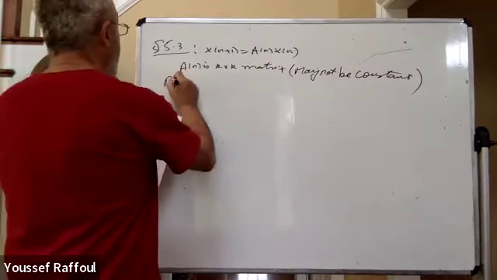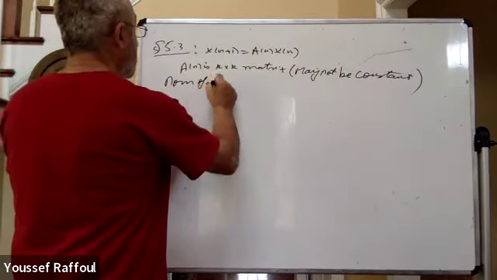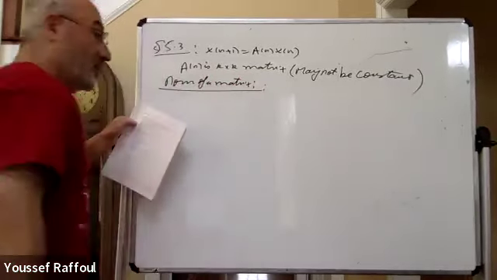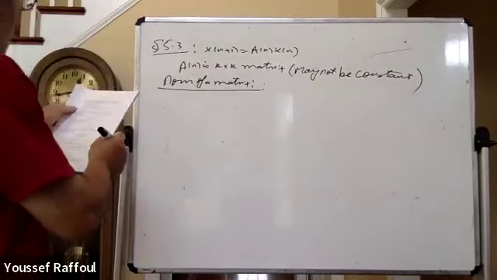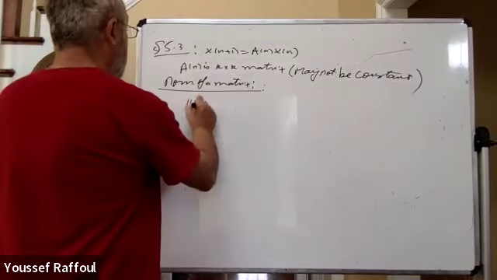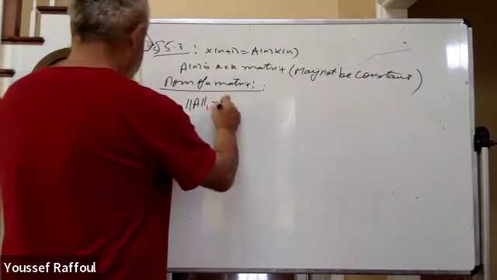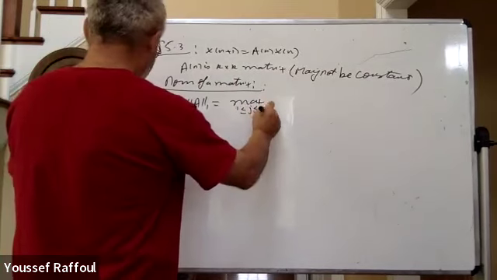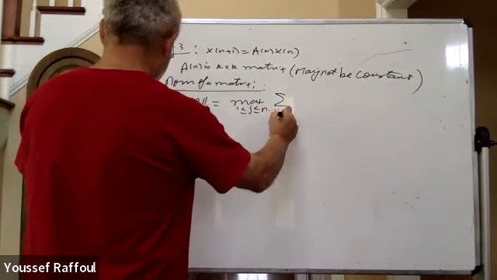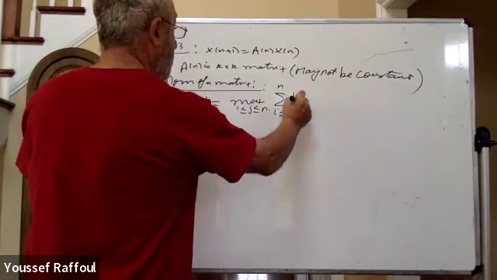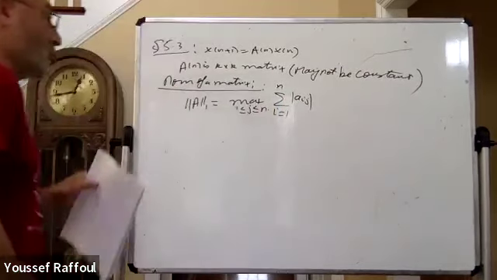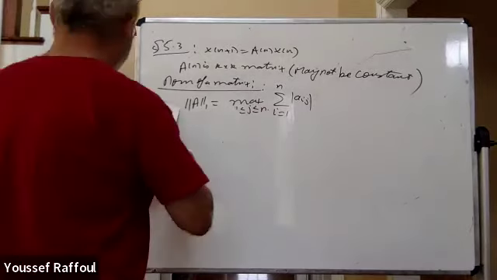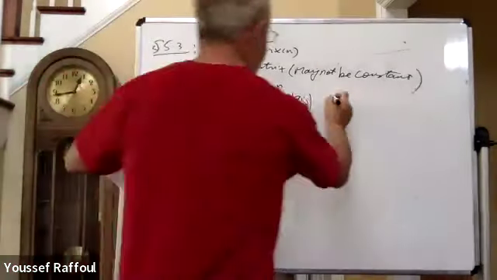If the norm of a matrix satisfies both cases, okay? So we may define the norm of A to be the max over j from 1 to n of the sum over i equals 1 to n of the absolute value of aij. So you sum all the entries. This is called the one norm.